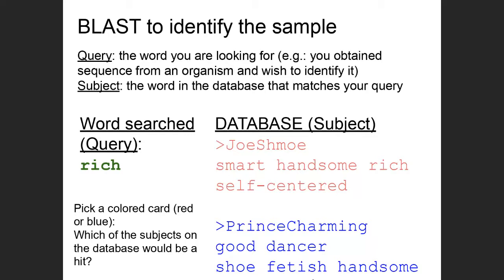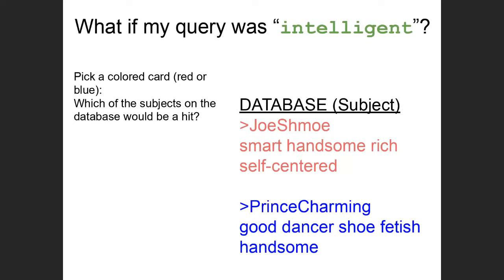Now, sometimes you enter something. Let's say that now I decided to change my priorities, and instead of looking for rich subjects, I'm looking for intelligent. And then I get, okay, my database is very poor, it only has 2 guys. So which of these 2 will it match?